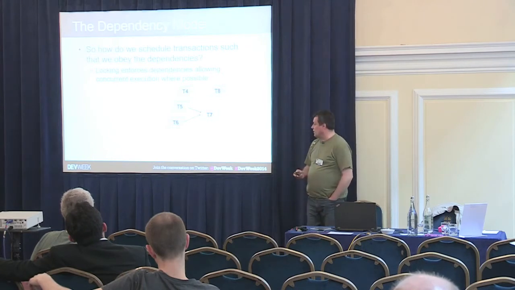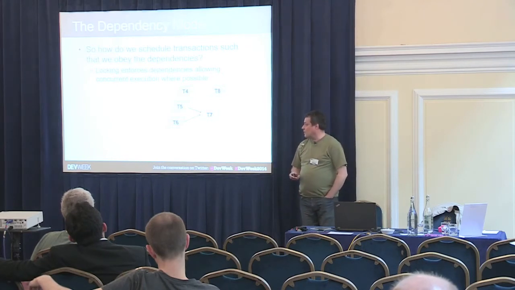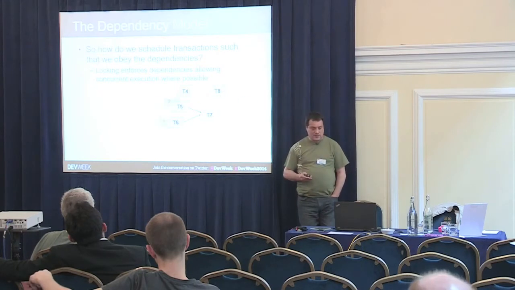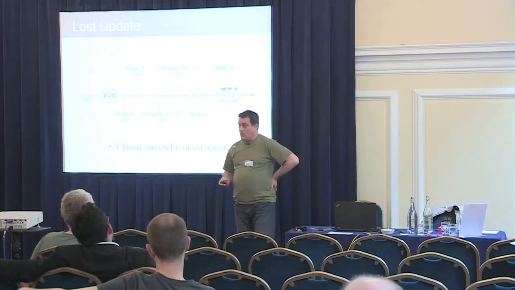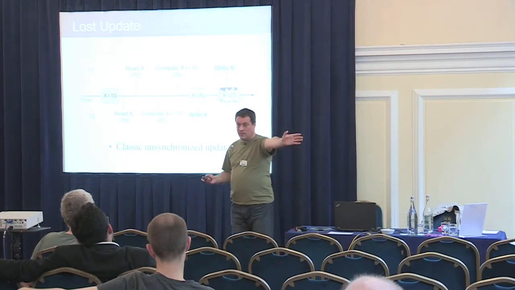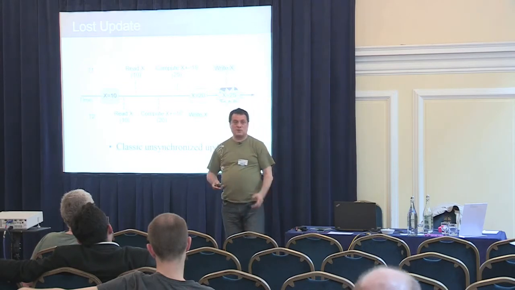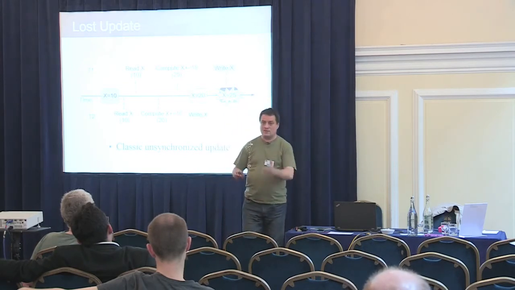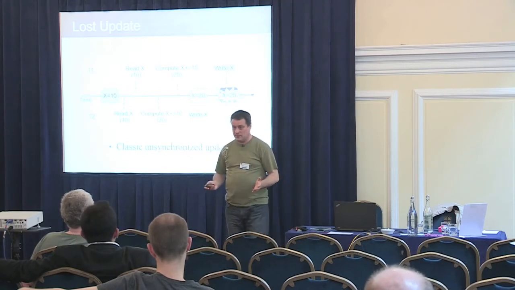T8 and T7 are independent, and T7 depends on T5 and T6. T4 is independent of T5 and T6. And of course, if we forget for a moment about delayed durability, it means that in a relational database management system, you simply cannot get rid of exclusive locks for updates. No way.